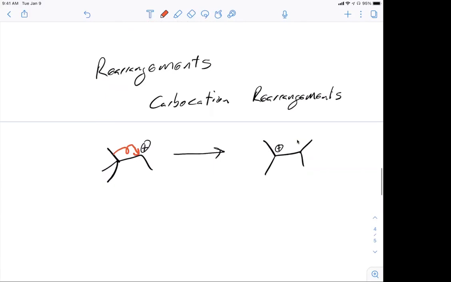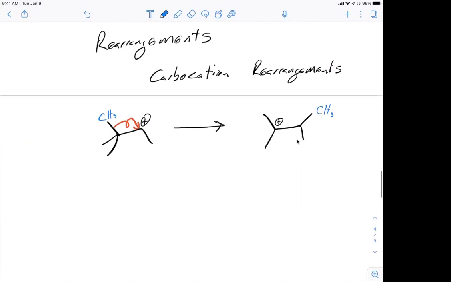But what's happening is I'm actually shifting this methyl. Now, why does that happen? Well, it has to do with our orbitals.